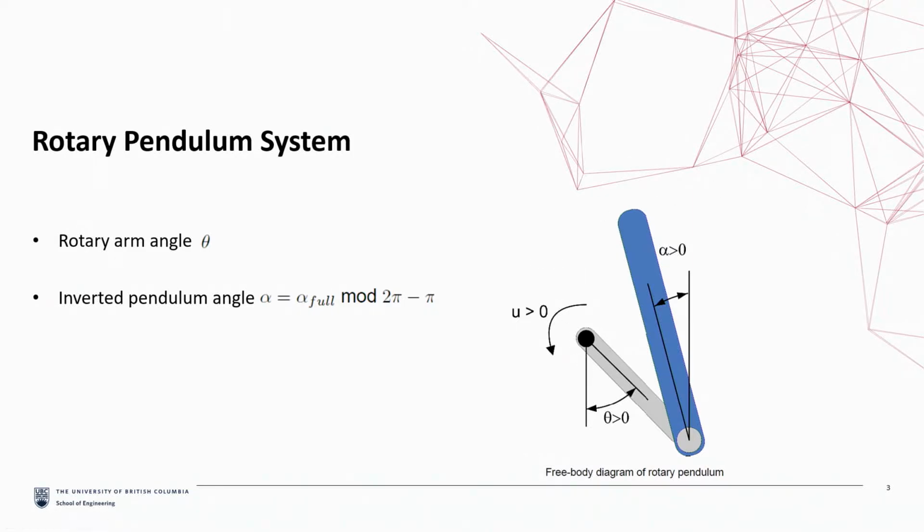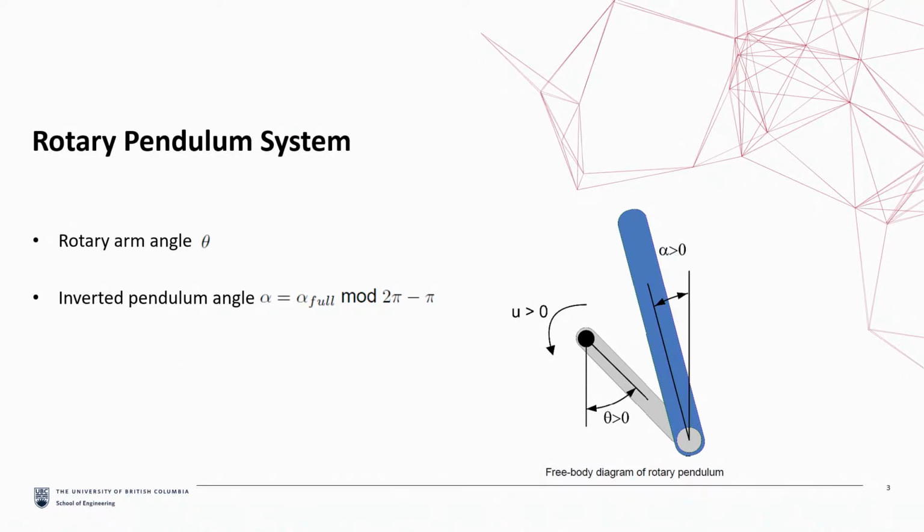The convention that we use for the pendulum angle is that whenever the pendulum is facing up and it is in the upright position, the alpha value is 0. There's a slight difference between the way that we define this convention and the way that the readings are coming from the encoder. So when we're reading the position from the encoder, the pendulum angle will have a value of 0 when it is facing downward.